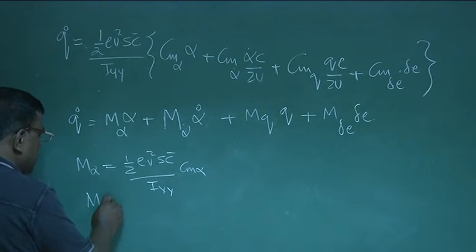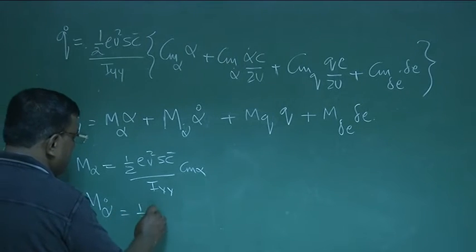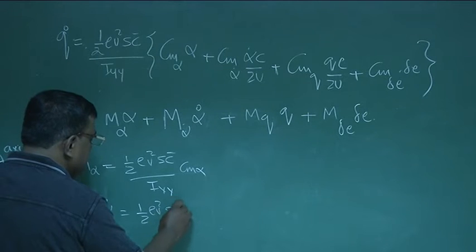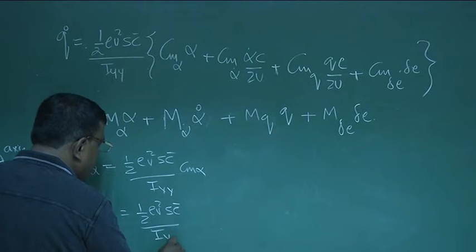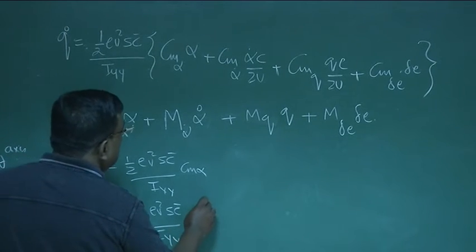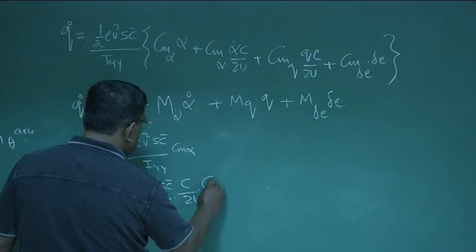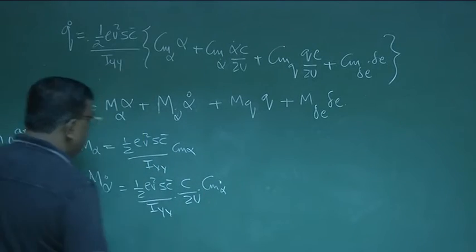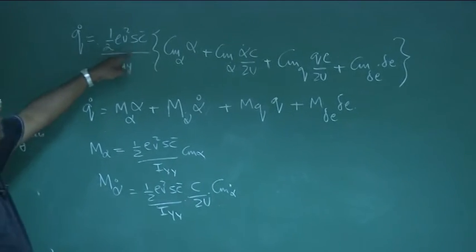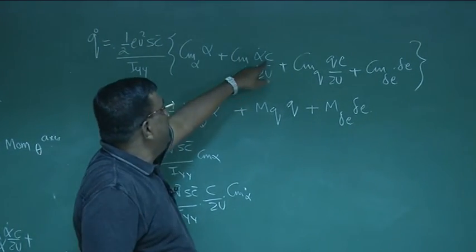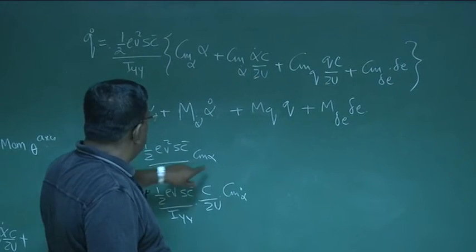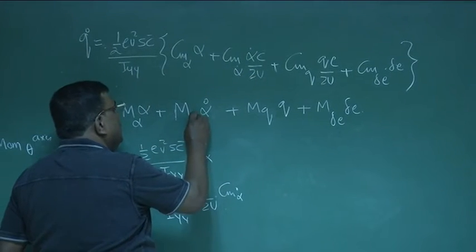M alpha dot is nothing but, again, half rho v square S c bar by Iyy into c by 2u into Cm alpha dot. Correct? That becomes my m alpha dot.